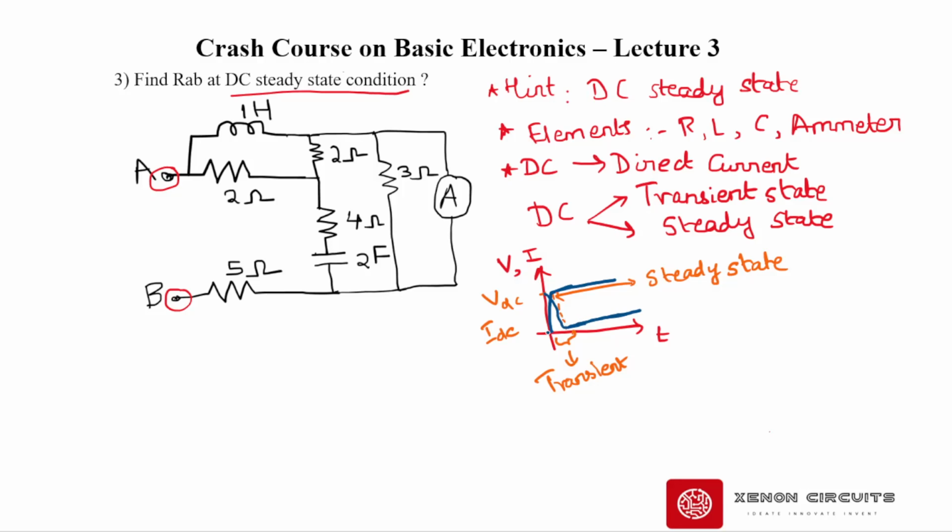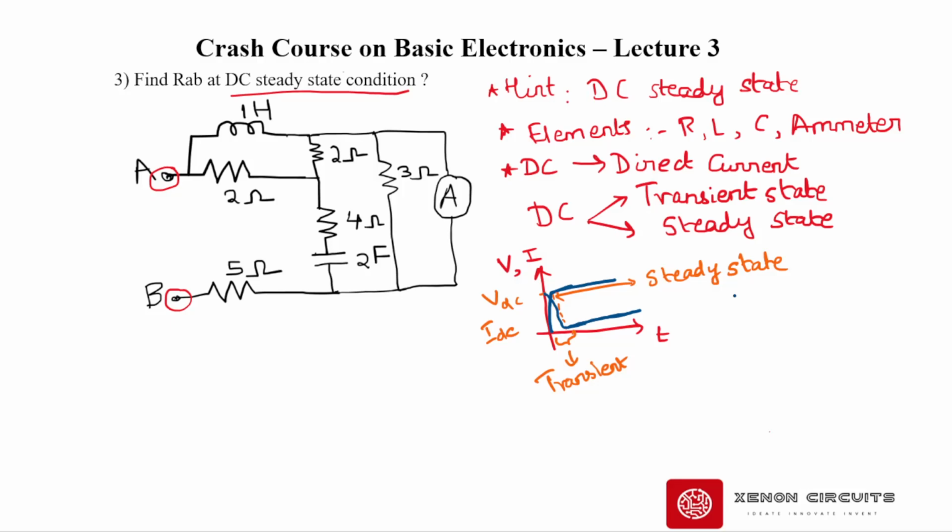So either it rises suddenly and reaches a constant value, or it falls suddenly from a peak value and then reaches a constant value. So the transient duration can be either this rise or fall. Post that transient duration, the quantity, whether voltage or current, would be constant.